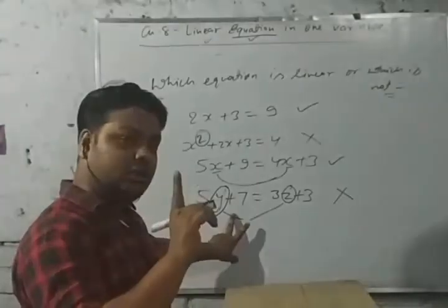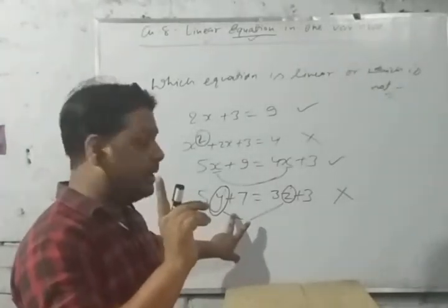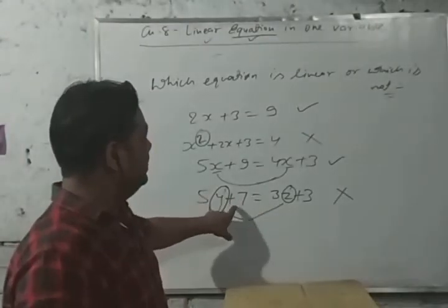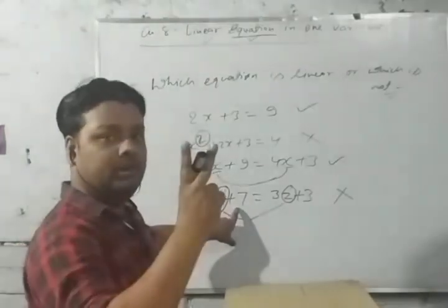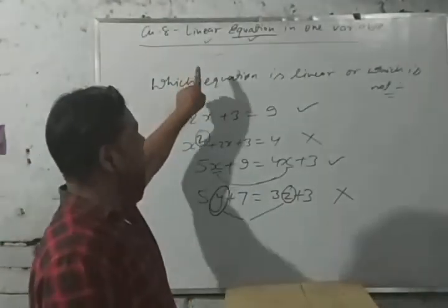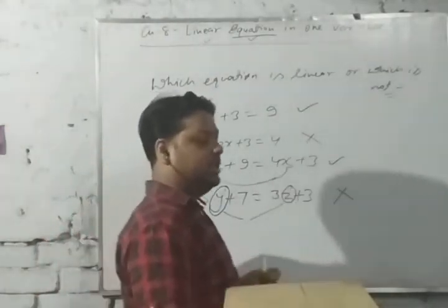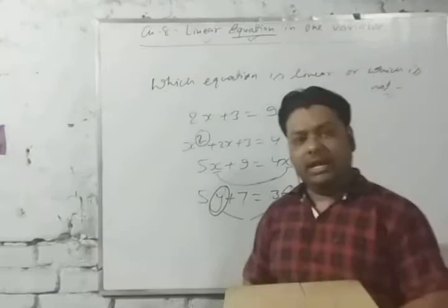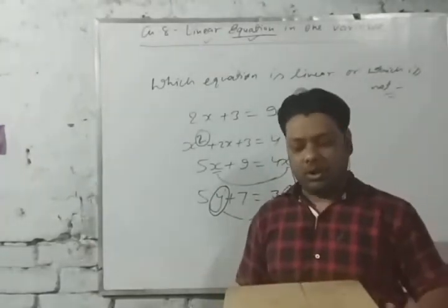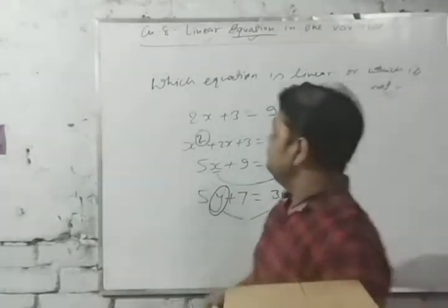It is a linear equation, but of two variables. We are studying linear equation in one variable right now, so it is necessary to have only one variable. Okay, now let's start.